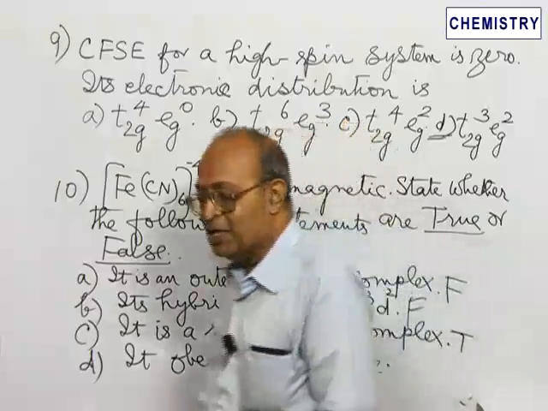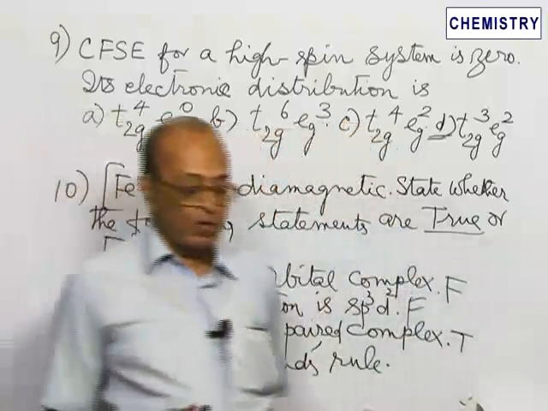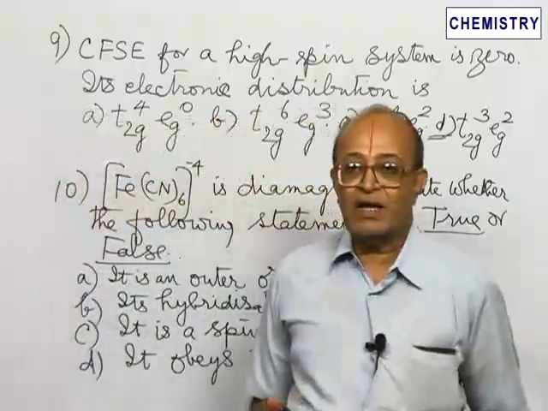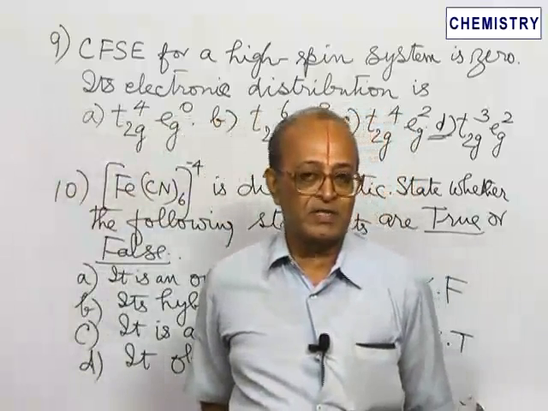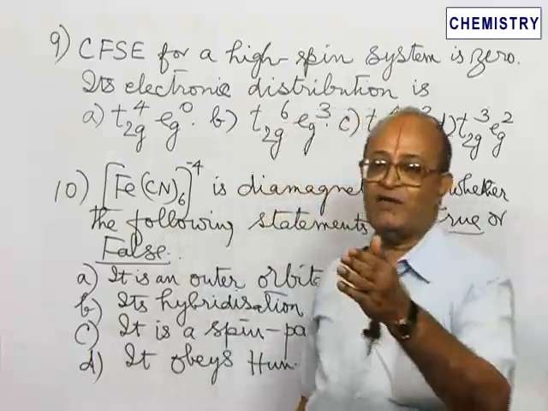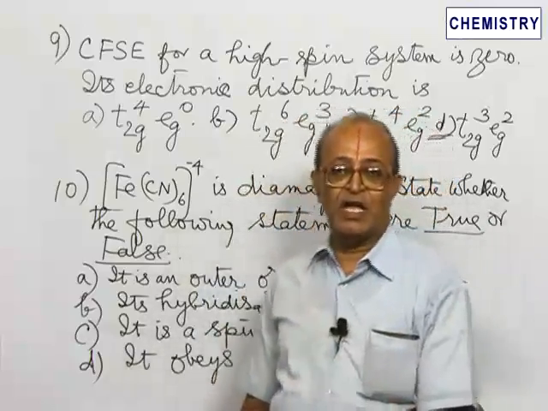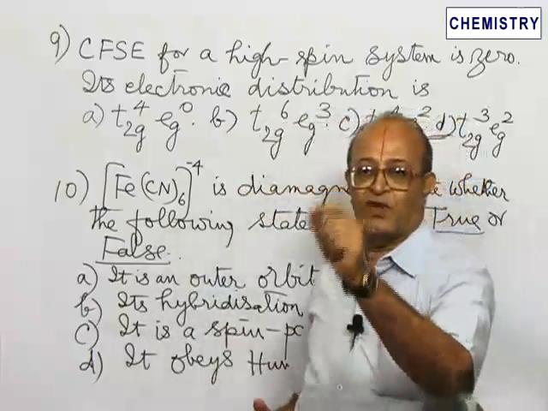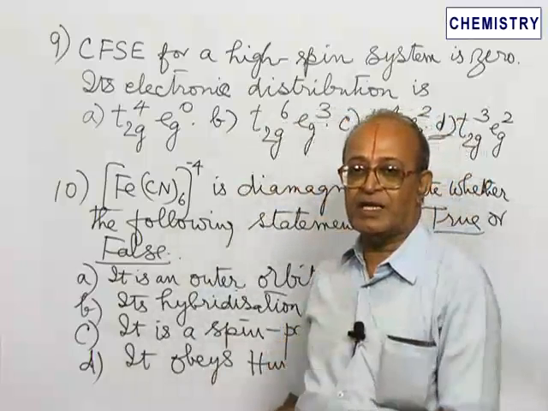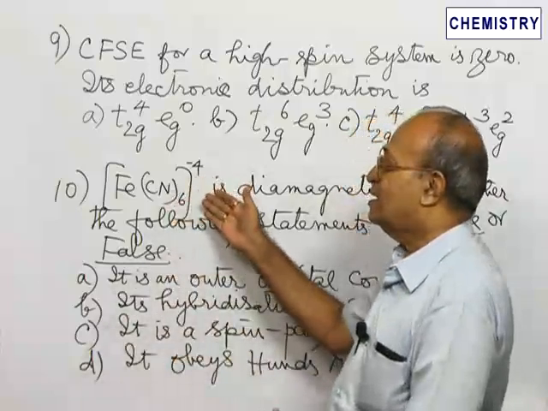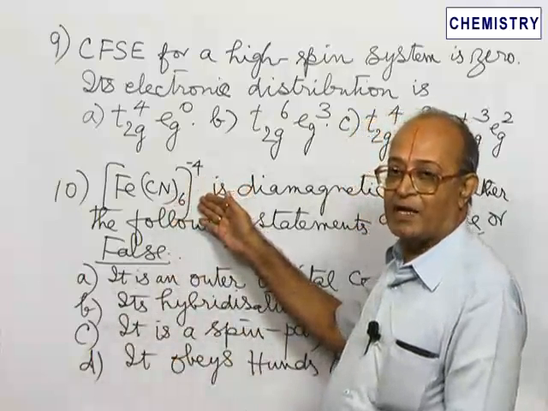It obeys Hund's rule. You remember Hund's rule of maximum multiplicity. Hund's rule of maximum multiplicity says if you have a set of degenerate orbitals, the electrons should fill these orbitals singly. Pairing does not take place immediately. But here the electrons are paired.